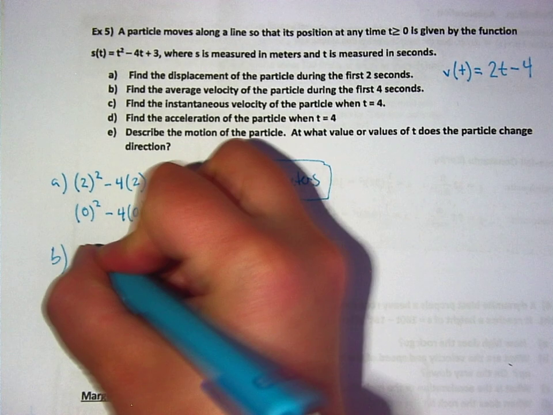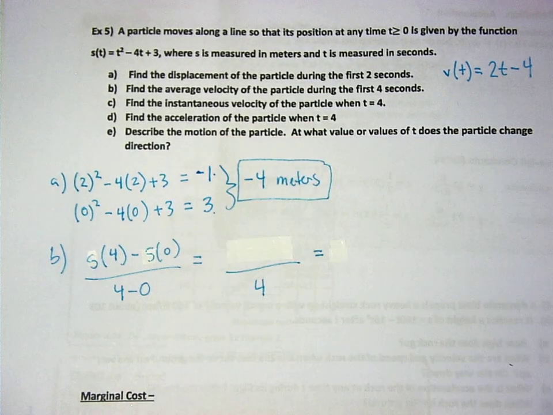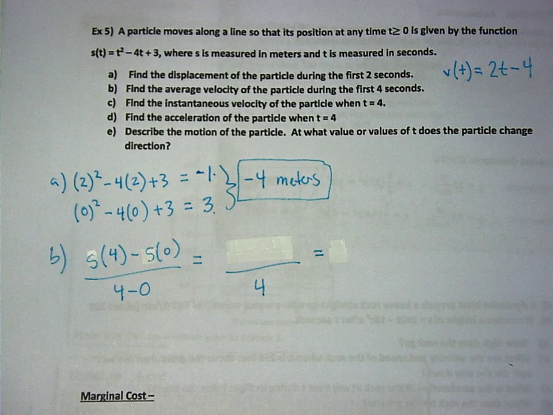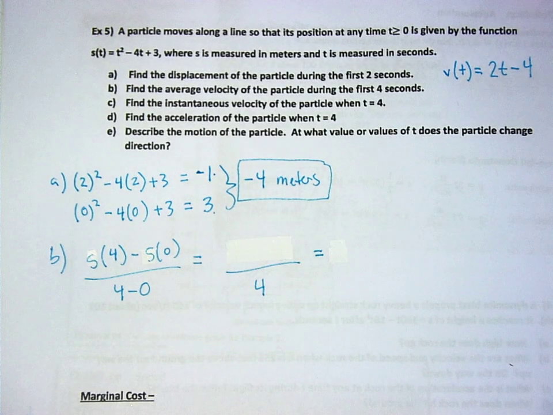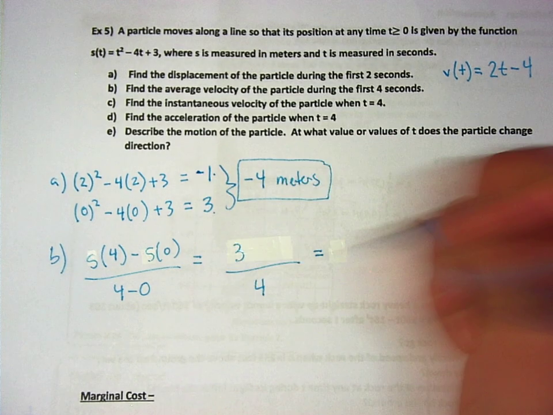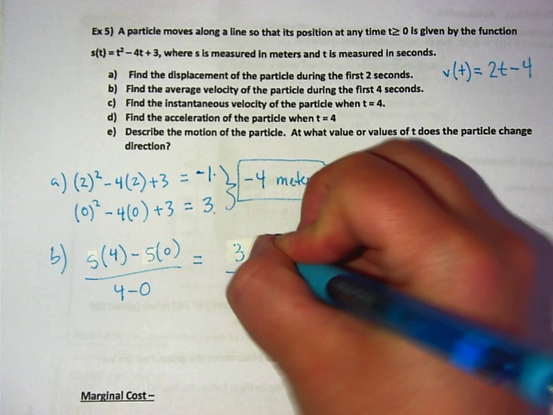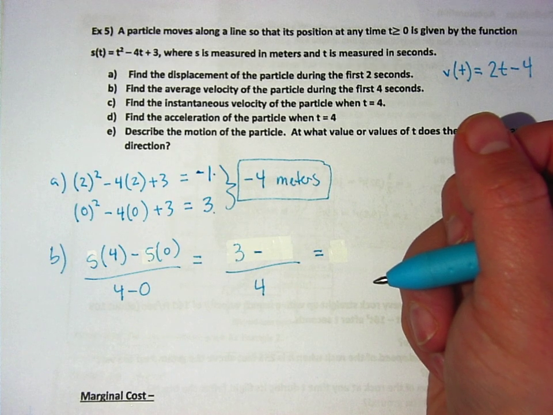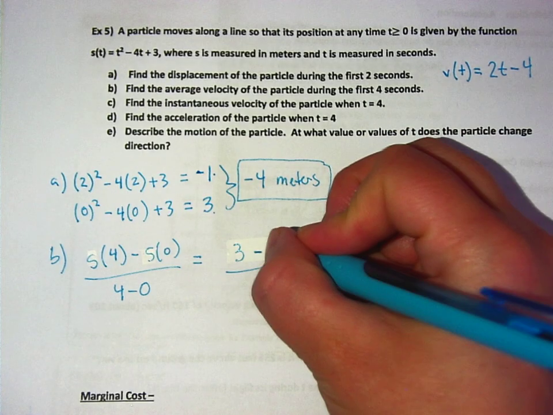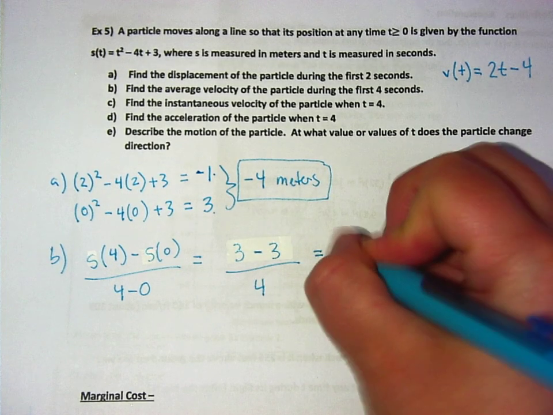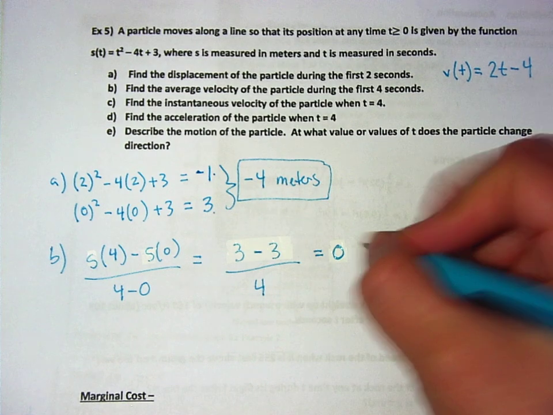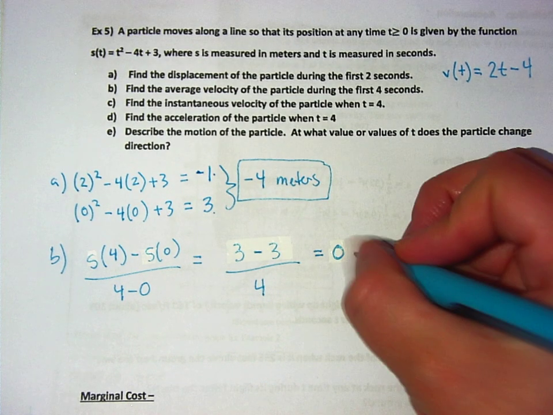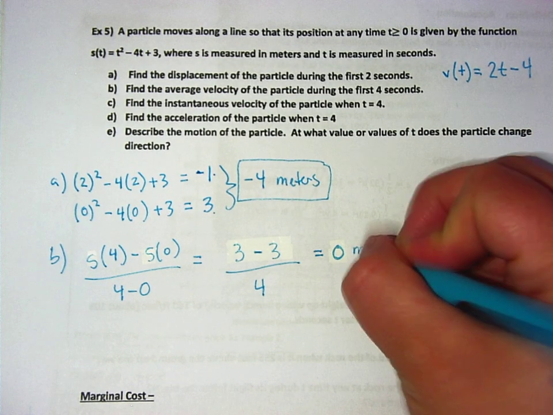So this is really just s of 4 and s of 0. 16 minus 16 plus 3, and then minus 3 is 0. So the average velocity is 0 meters per second.